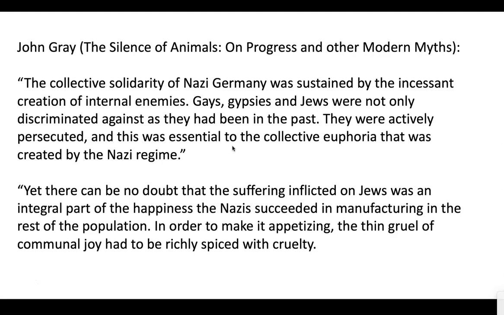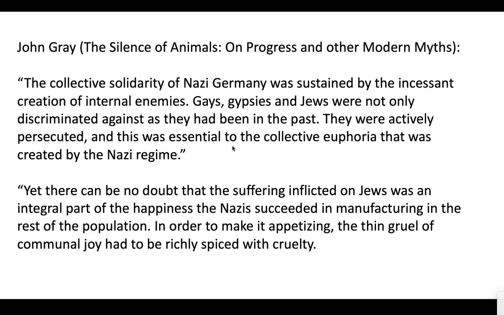But he says the collective solidarity of Nazi Germany was sustained by the incessant creation of internal enemies. Gays, gypsies, and Jews were not only discriminated against, as they had been in the past, they were actively persecuted, and this was essential to the collective euphoria that was created by the Nazi regime. So with totalitarian systems, one of the reasons they survive is that they have to, in some ways, make the horrible things they do palatable for the citizenry.